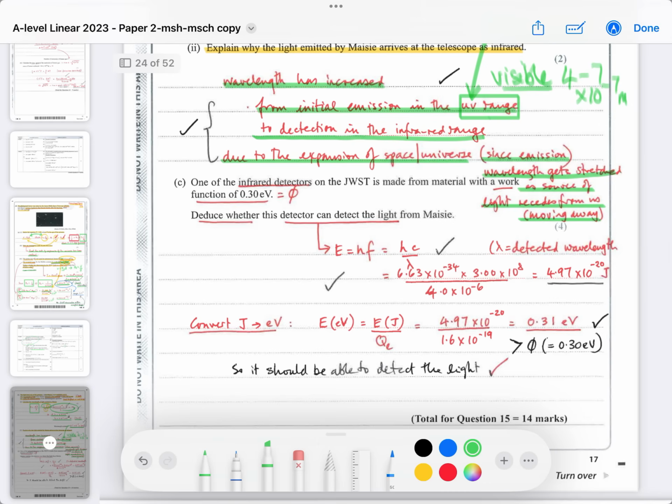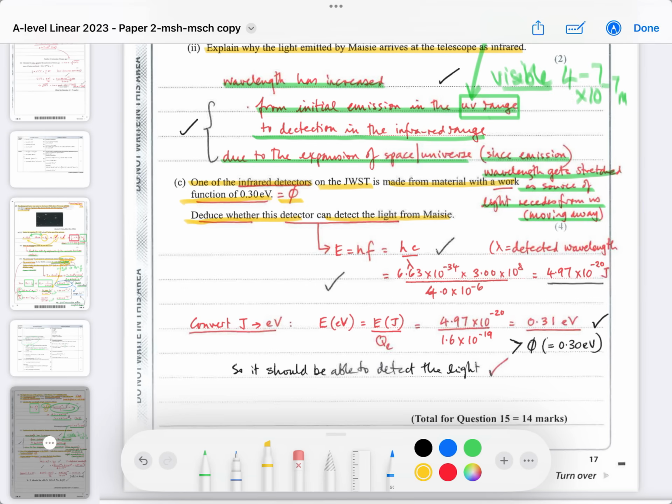The next part of the question says, one of the infrared detectors on the telescope is made from a material with a work function given in electron volts. This is the symbol for work function. Deduce whether this detector can detect light from this source.